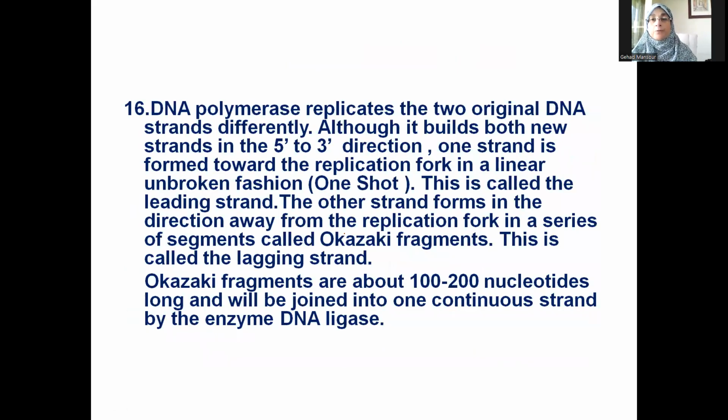Okay, so we have explained all this, and we have explained the directions. We have explained the Okazaki fragments, the primer, the primase enzyme, the helicase enzyme. So all these proteins share in the replication process.